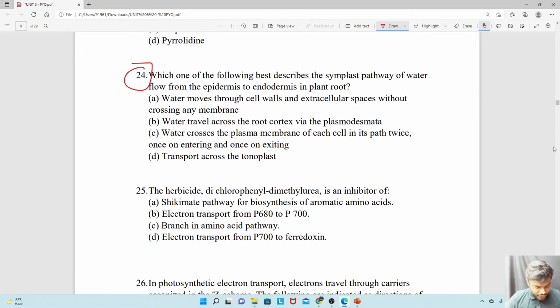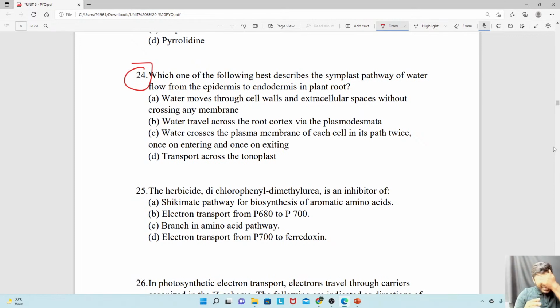Question number 24. That's a good statement, but a very simple statement. I don't know whether you remember, but I have drawn one diagram and explained it to all of you.